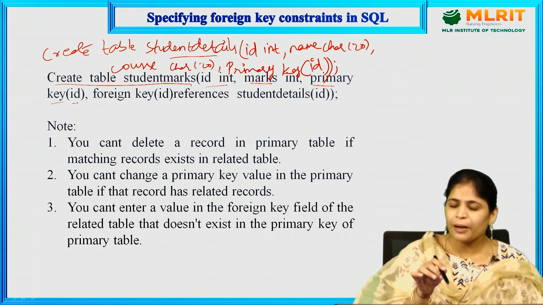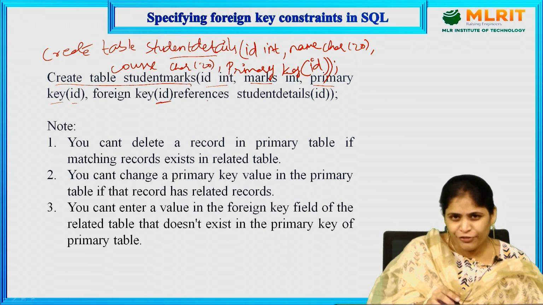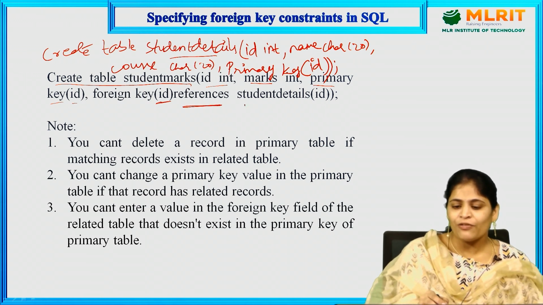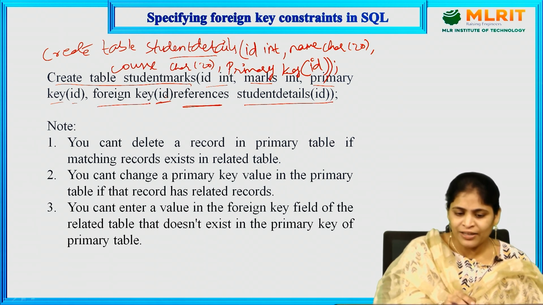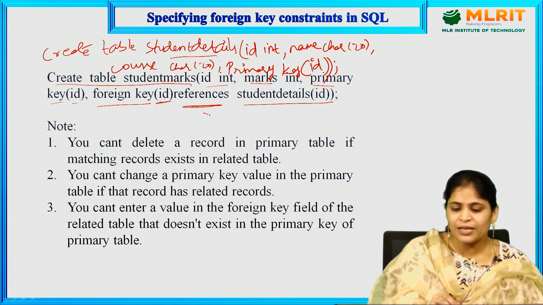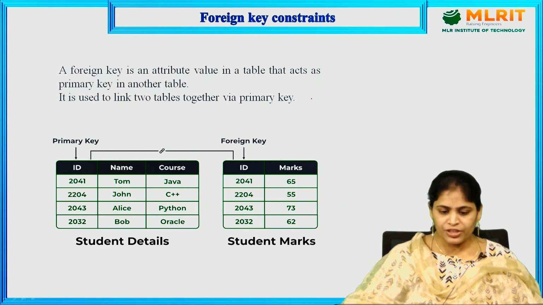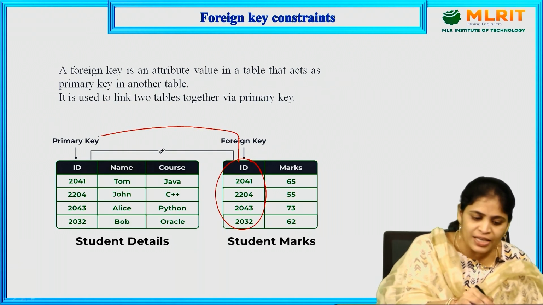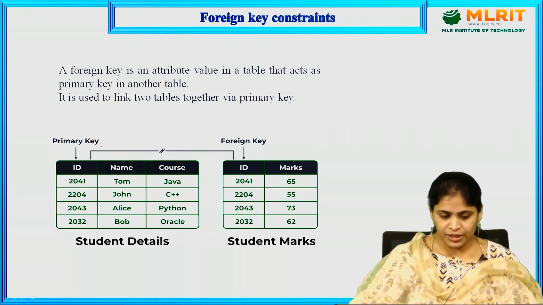In this table, the primary key is ID and the foreign key is also ID, which is referencing the primary key of student details, right? This is the foreign key ID, which references the previous table, student details ID. So, this is the foreign key which is referencing the primary key of the student details table. That is what we have to represent in the query format.